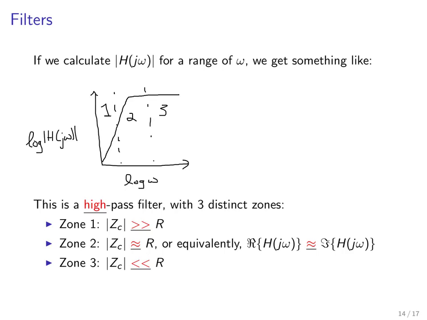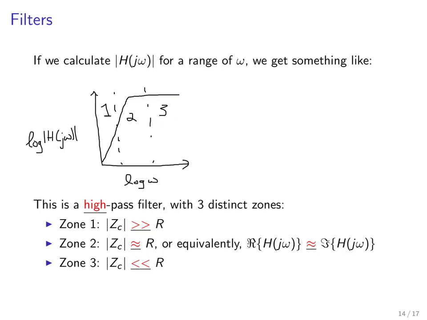Earlier we saw that this filter does not pass DC, so the magnitude of H of j omega at DC, at 0 frequency, is going to be 0. Then we have some transition zone where things are attenuated somewhat, but not fully passed. And then we have the very high frequency zone, zone 3, where things are fully passed.